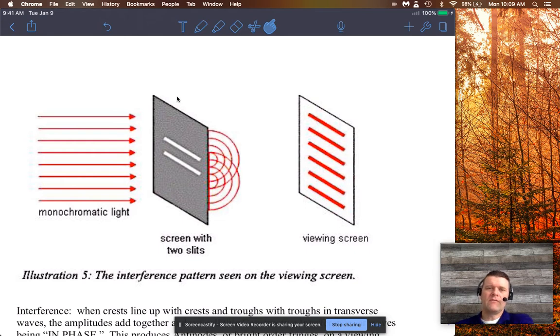If light's a wave, then as light comes through each one of these slits, the first thing that will happen behind those slits is diffraction.